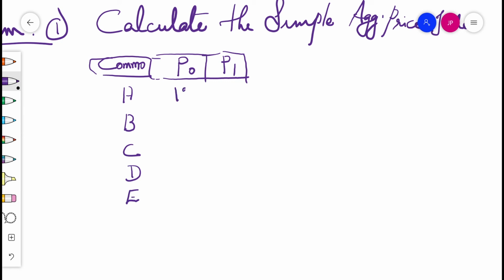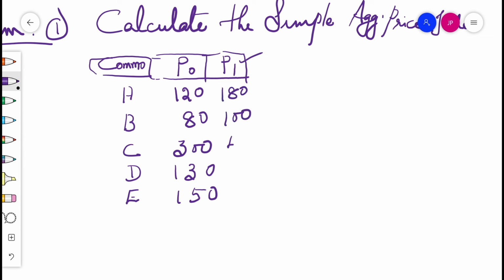P0 we can take as 120, correspondingly B 80, the next one 300, then 130, the next number E is 150. Under P1 we can note down the prices of the current year: 180, 100, 400, 180, and the last one is 200. So we have P0, the base year, and the current year prices.